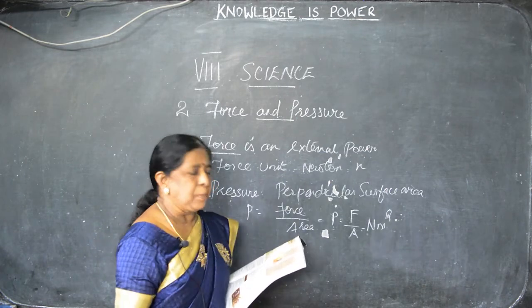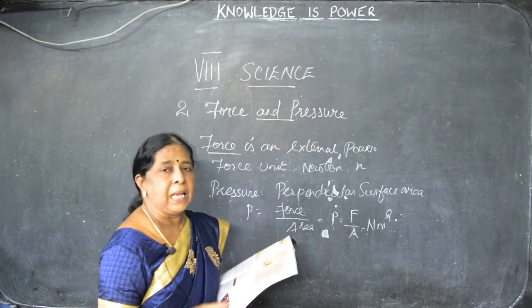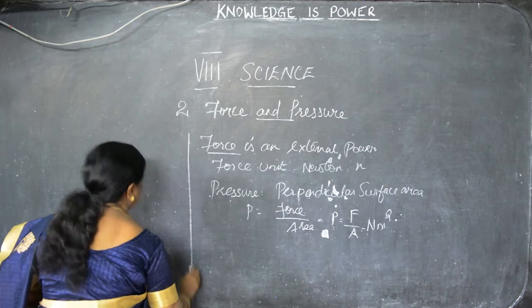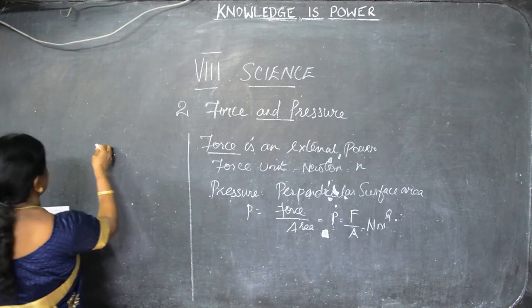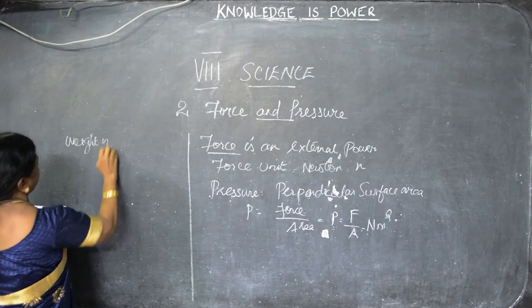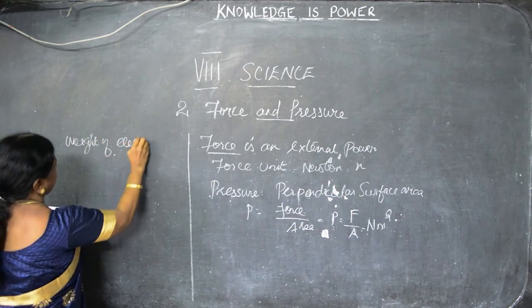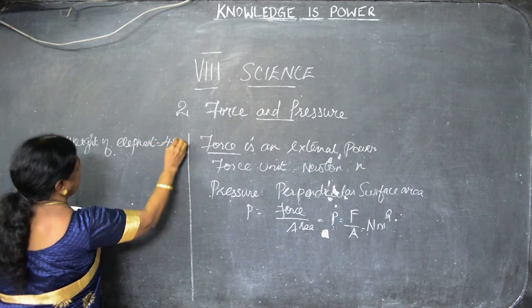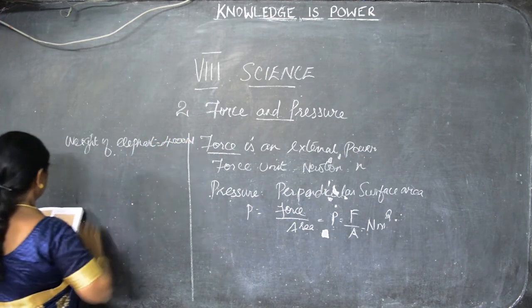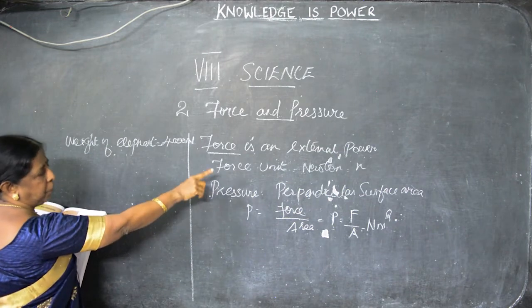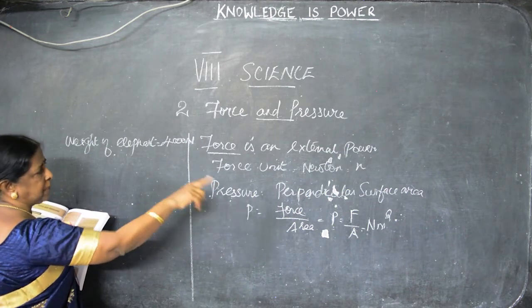Let us take an example calculation. The average weight of an elephant, this is a simple calculation, is 4,000 Newton. We said already what pressure is: the force acting perpendicularly on the surface area.